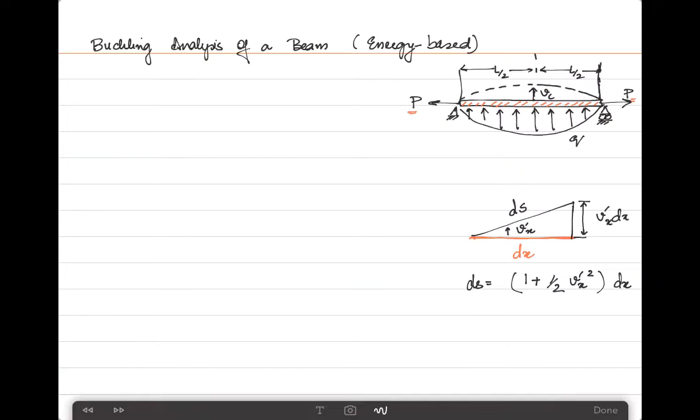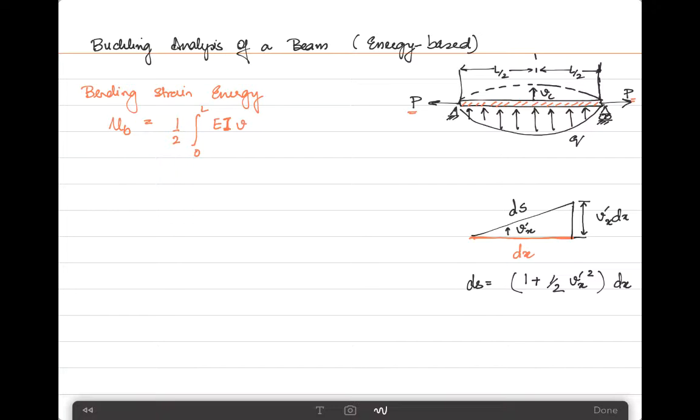For a lateral displacement v, which is a function of x along the length, the bending strain energy U_b is given by the standard expression in terms of the curvature. This bending strain energy is written as an integral over the length, from 0 to L, of the bending stiffness E times I, the modulus and the moment of inertia for the beam, multiplied by the curvature squared.